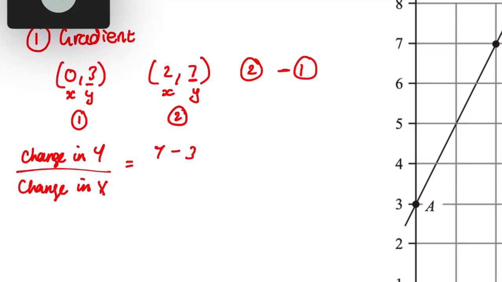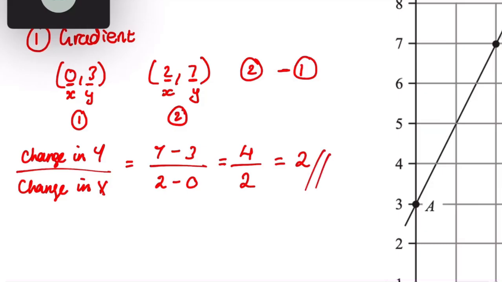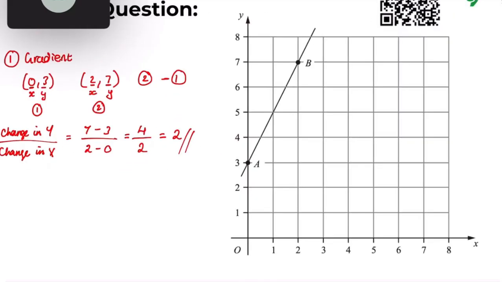So 7 subtract 3 divided by the change in x. We're going to do 2 subtract 1. So we're going to do 2 subtract 0. So 7 subtract 3 is 4. And 2 subtract 0 is 2. And then 4 divided by 2 is just 2. So the gradient is going to be 2. Okay, so we worked out the gradient.